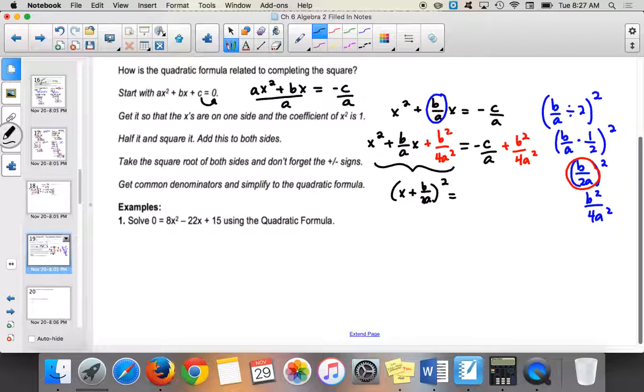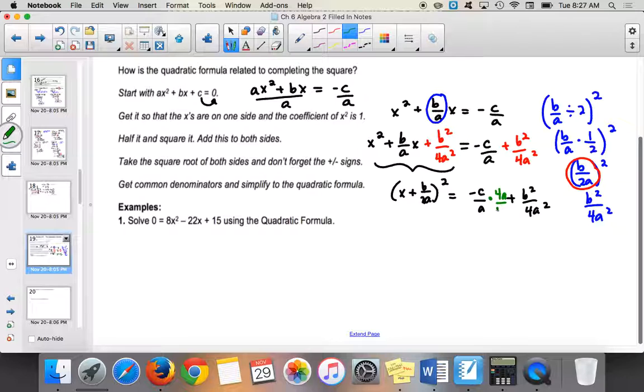So we want to combine these two terms. But we can't combine those fractions because the fractions don't have the same denominator. You can see, it's just like if I had fractions like 1/2 plus 3/5, we would need to get common denominators. That's what we're doing here. So if I have negative c over a, and I want to get common denominators with b squared over 4a squared, what do I multiply negative c over a by on top and bottom? 4, and not just 4, a.